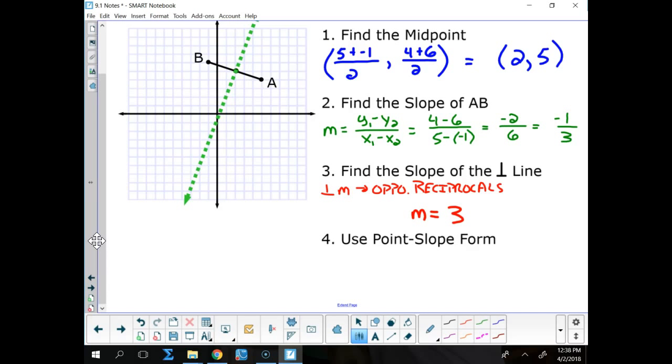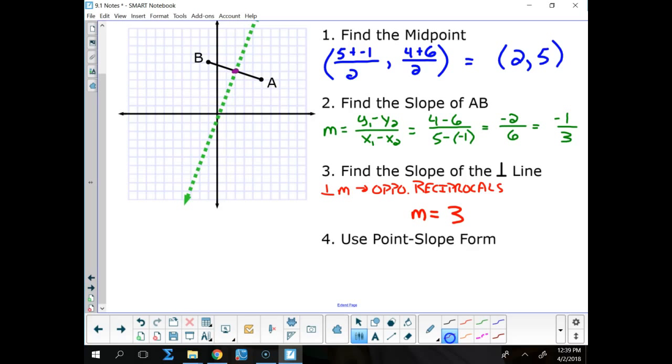Now, I have the slope of my green dashed line, which is what I want. I have a point that my green dashed line goes through. It goes through this point right here, which is 2, 5. So now I can use the point slope form.